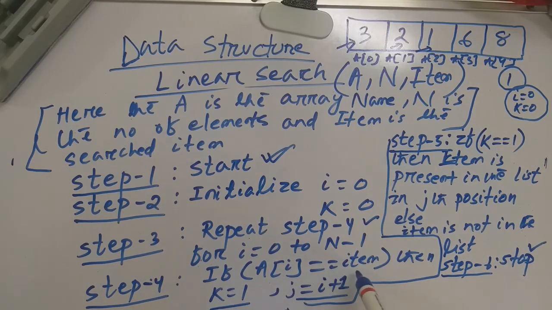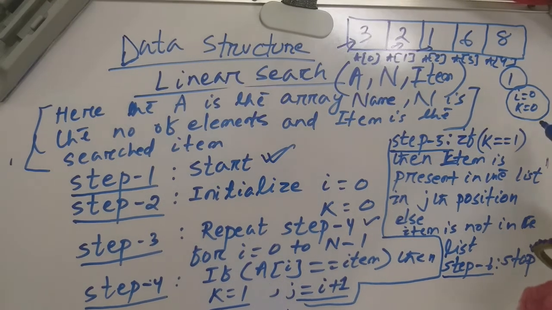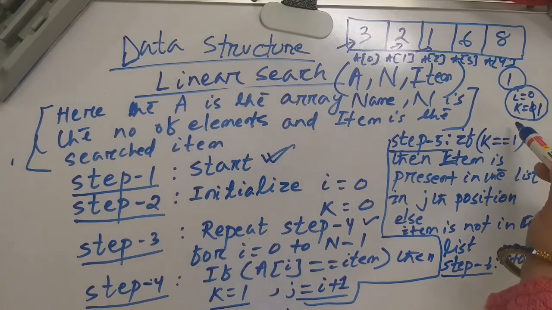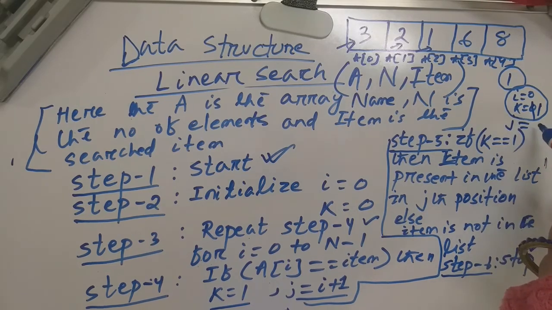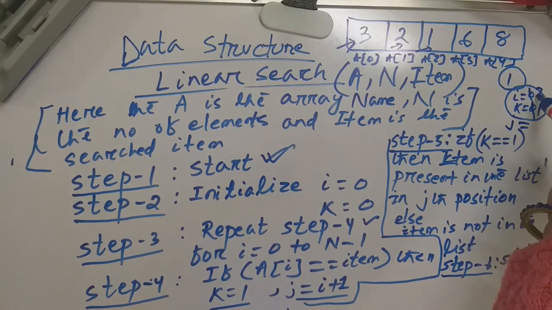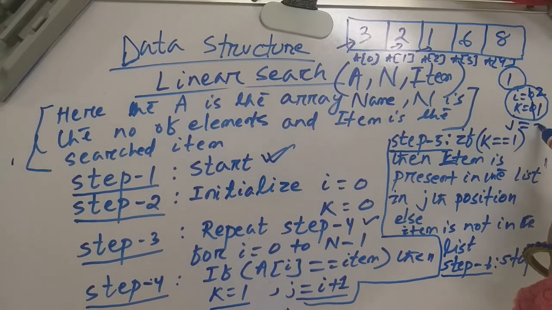If ai equal to item, here we are getting the item, then we set k equal to 1, and j is how much? j equal to I plus 1, and here the I value is 2, and j equal to I plus 1, which is 3.